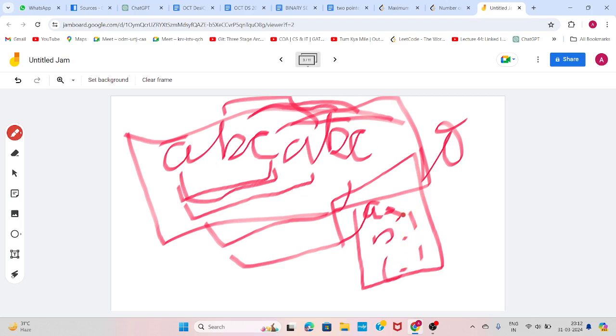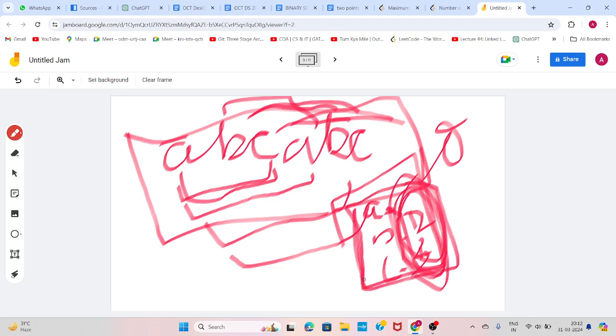If A comes again it is 2, if B comes again it is 2, and C comes, B becomes 3. So you can see that it doesn't depend on frequency. Frequency doesn't matter a lot here. We have the map with A, B, C, and we will check the size of this. It is 3.